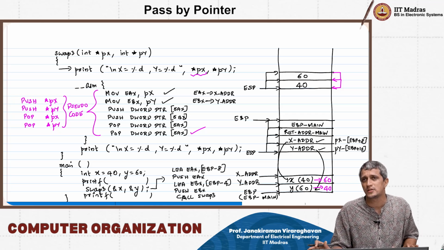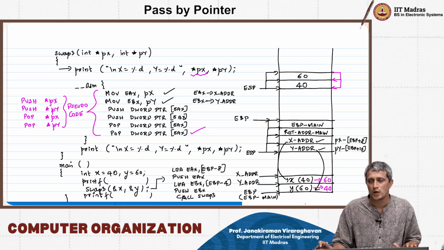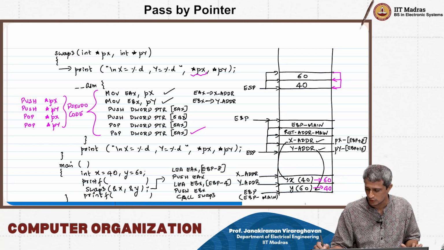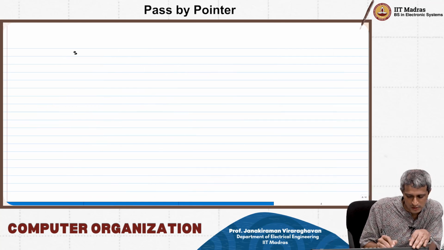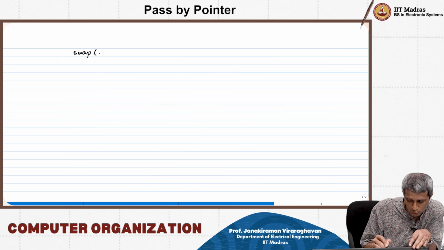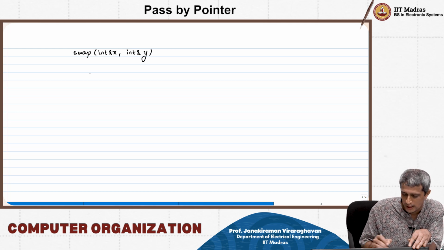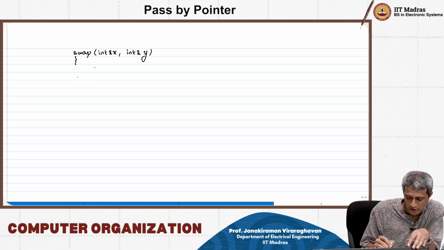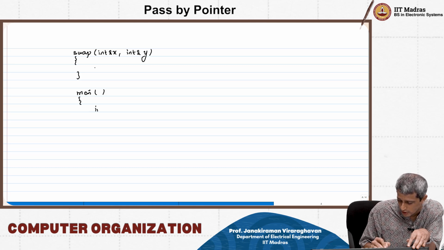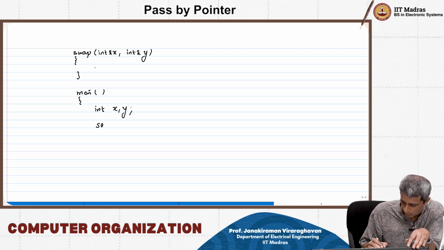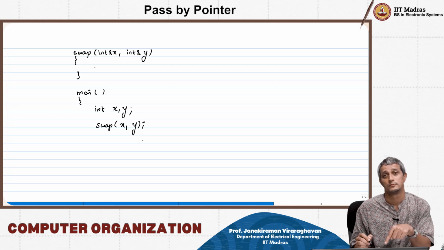Interestingly, in C++, you have this thing of passing by reference. When you define a function in C++, you can do int ampersand x, int ampersand y, and then do the same operations inside the function. In main, you can just define int x, y and call swap x comma y.